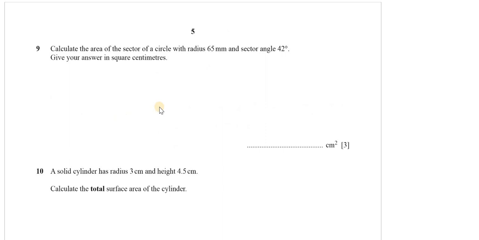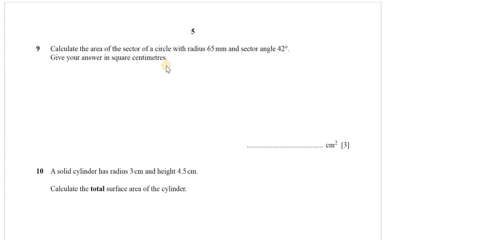Okay, now we can see question number 9: calculate the area of the sector of a circle with radius 65 millimeter and sector angle 42 degree. Give your answer in square centimeter. So the radius is given in millimeter and your answer is in square centimeter. So you have to convert it.